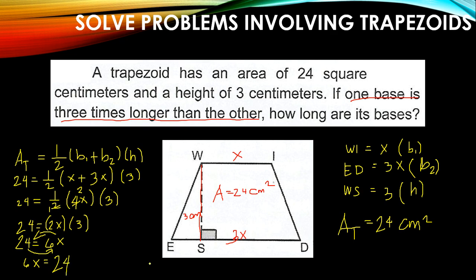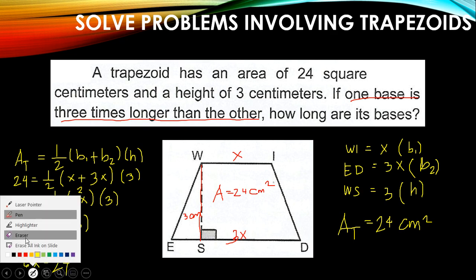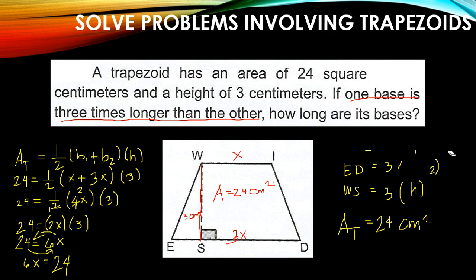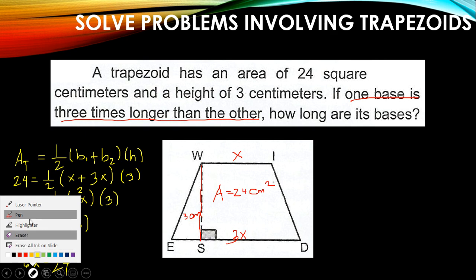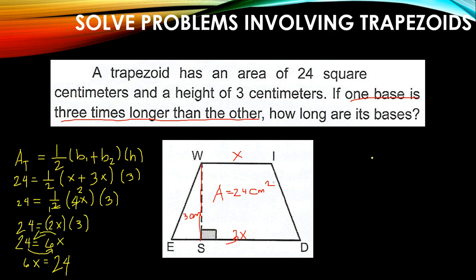Okay? Let's erase this one. Next, let's go back to 6x equals 24. Then we're going to divide both sides by 6. Our target is to find x.